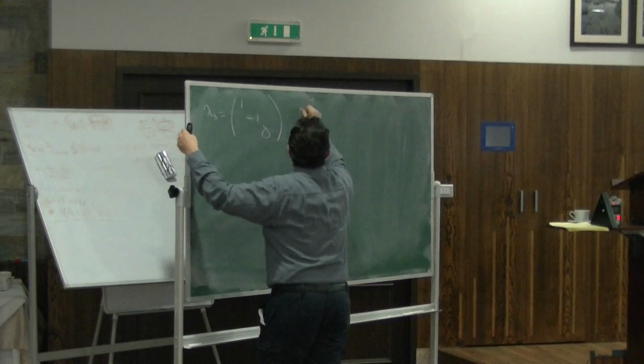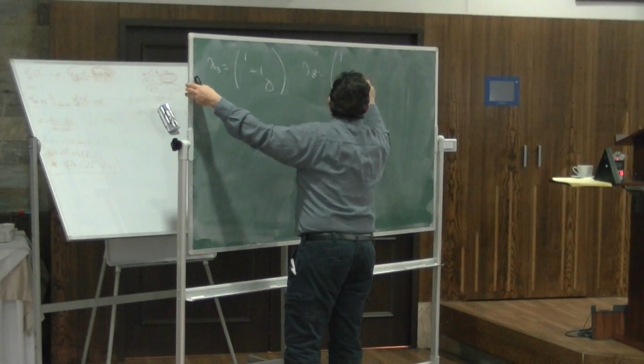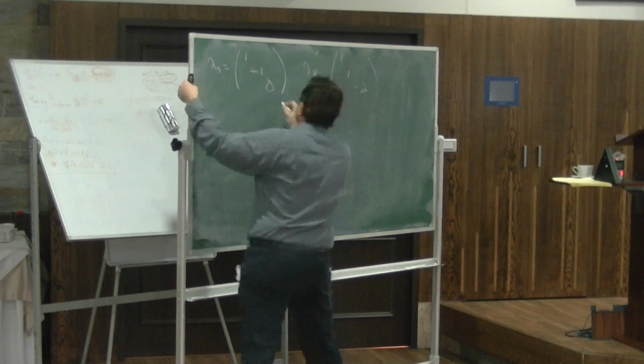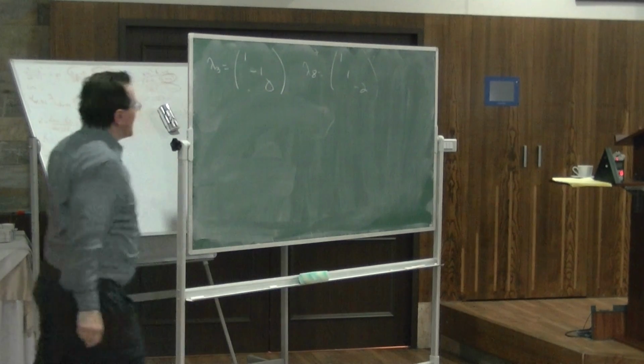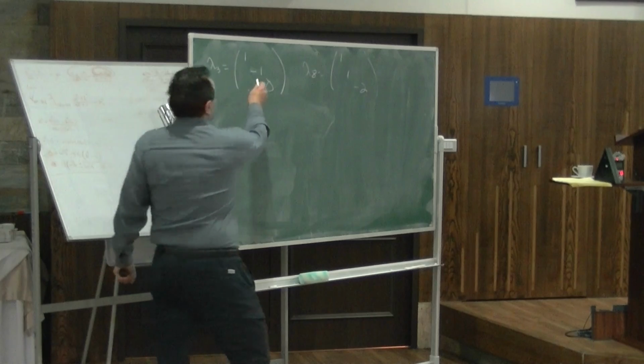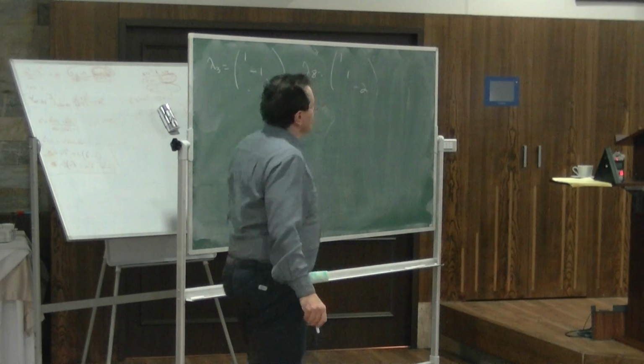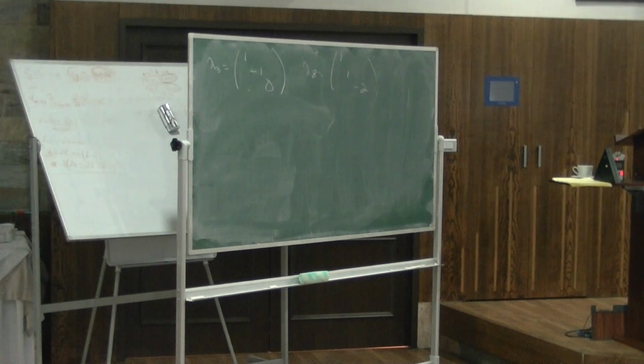It's lambda 3 and lambda 8, which is up to an overall constant, 1, 1, minus 2. And then this is the SU2 generator. And this generalizes onto higher N. You typically take this is an SU2 and SU3, and you go on and on and on. But you keep the lower diagonal generators.